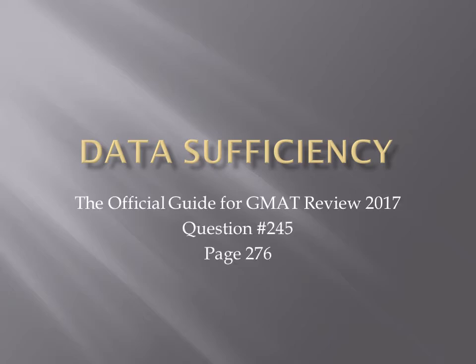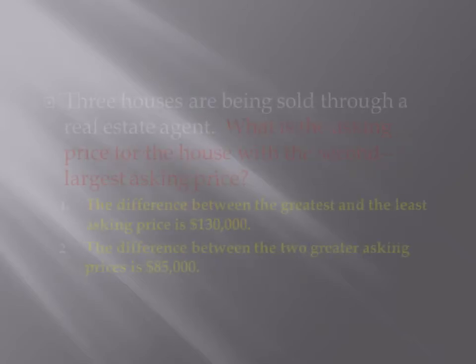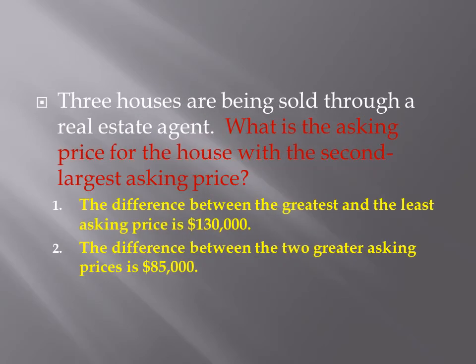So the example that we're going to walk through is question number 245 on page 276 of the Official Guide for GMAT Review 2017. This question states, 3 houses are being sold through a real estate agent.